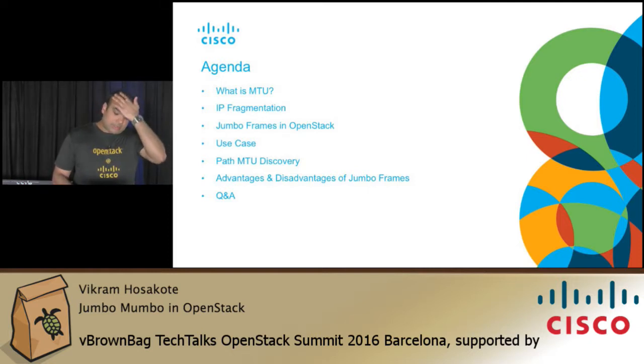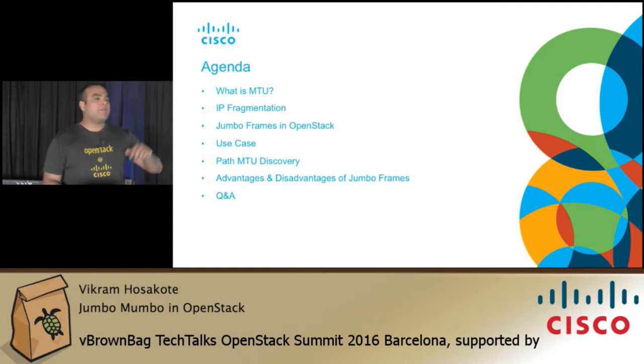And then an interesting concept that I learned in my testing is the Path MTU Discovery that OpenStack doesn't fully support. So I'm going to talk about Path MTU Discovery as well and how we did it manually, and then some advantages, disadvantages of jumbo frames. And finally, question and answers. I'll be around after my talk and be happy to answer any questions.